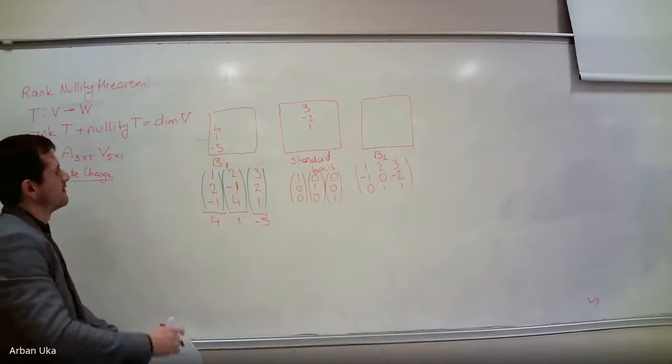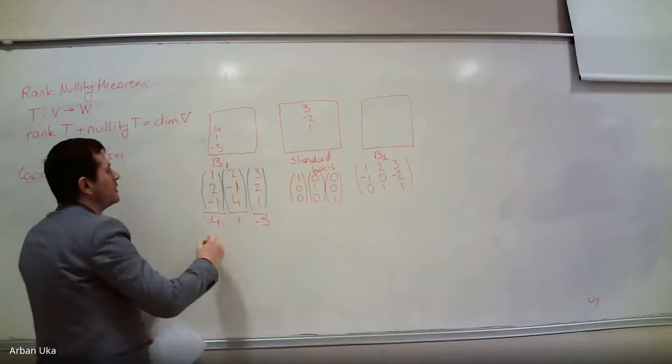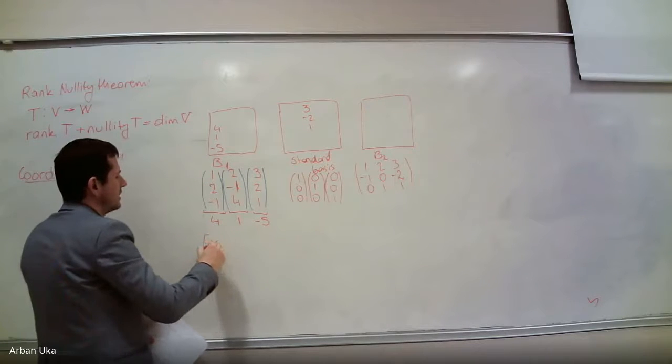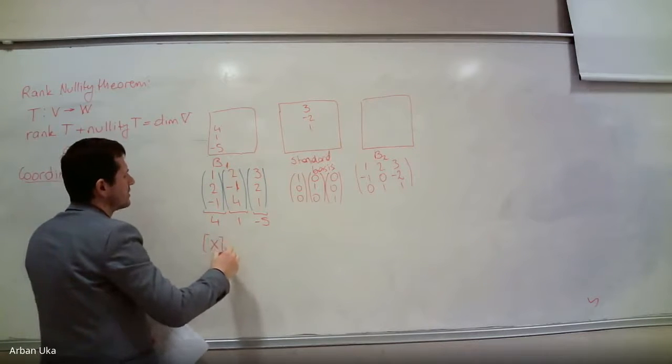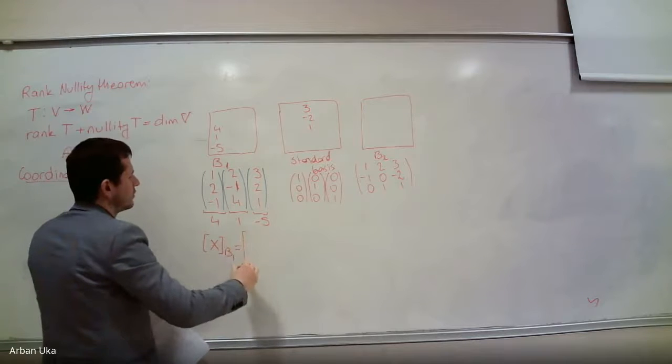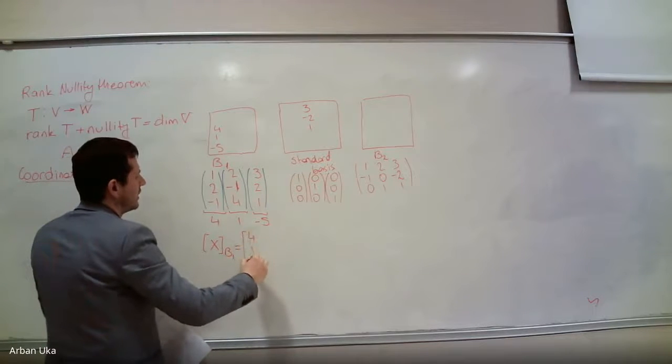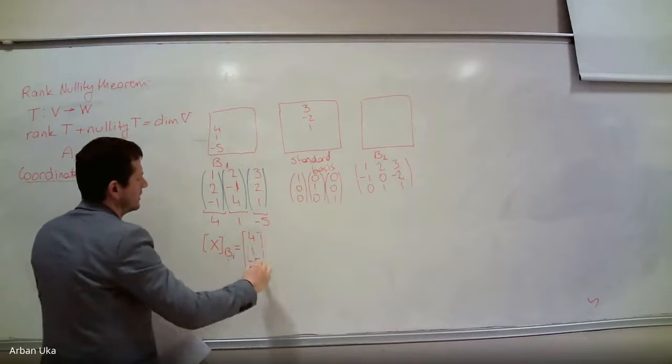We denote this coordinate as follows: the vector x according to basis B1 is equal to 4, 1, minus 5.